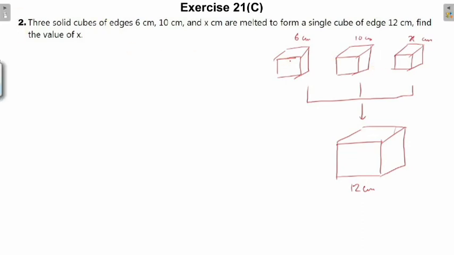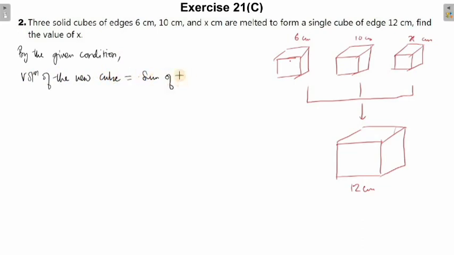So therefore, by the given condition, the volume of the new cube will be equal to the sum of the volumes of the smaller cubes. Now see here carefully, the volume of the new cube. For this cube, its volume is going to be 12 cube, isn't it? Side cube. This is the formula.